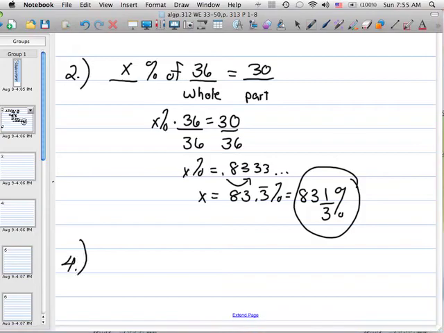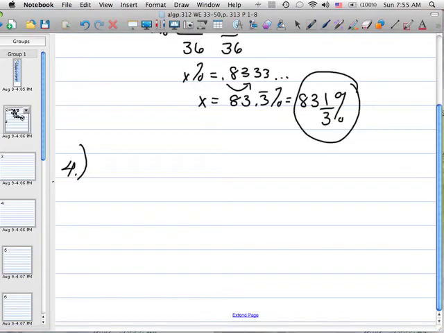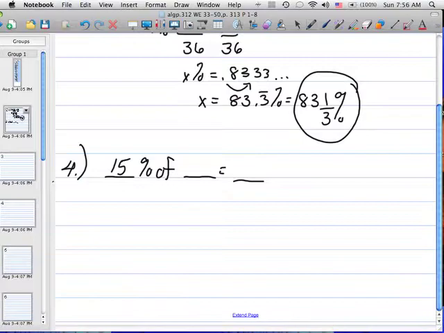Okay, problem number 4. Blank percent of the whole equals the part. It says because an item is slightly damaged, a stock clerk reduces the price by $6. This represents a 15% reduction. So we know the percent is 15% of something equals $6, because $6 is the part that they reduced it. So we're looking for the whole amount.